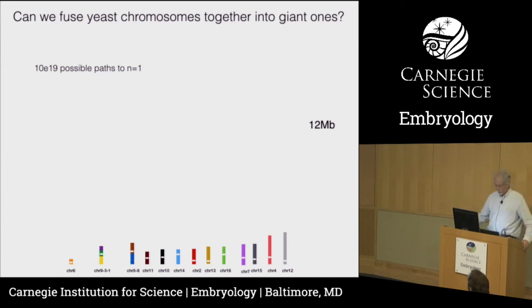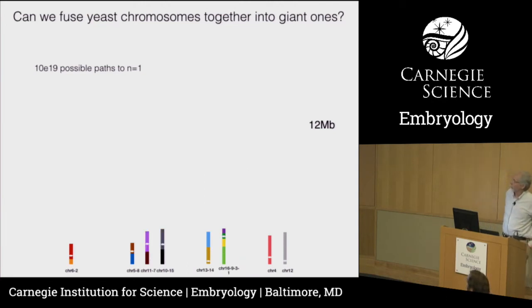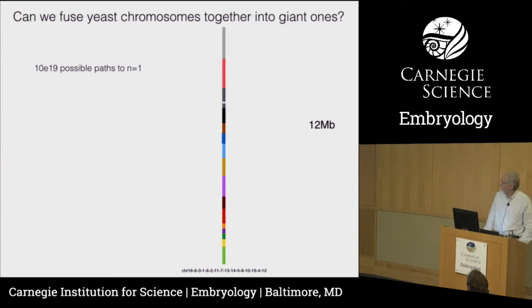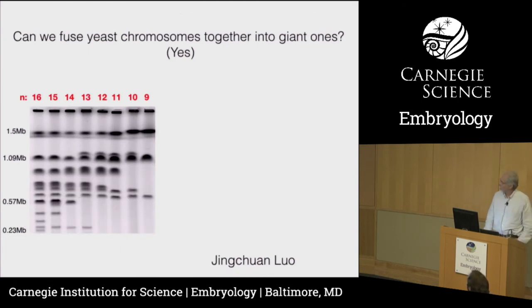She came up with a clever trajectory of fusing chromosomes together two at a time, developed a CRISPR-Cas-based method to target two telomeres together and delete one centromere all in one step, and came up with this way to get down to 4 roughly equal-sized chromosomes, and then 3, 2, and perhaps 1. And the answer is yes, we can fuse yeast chromosomes together.